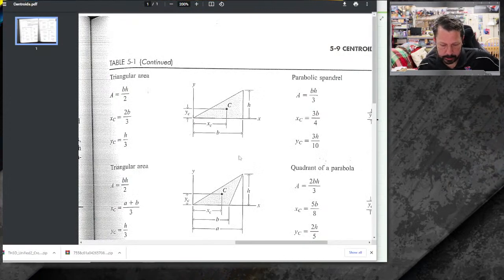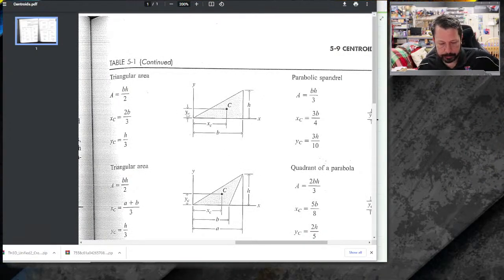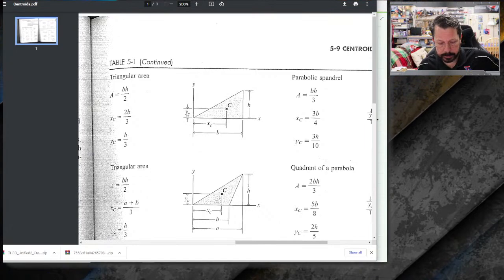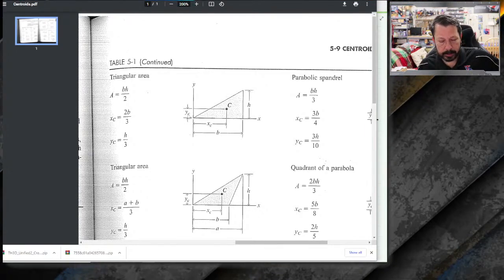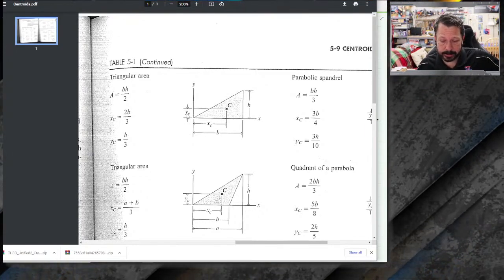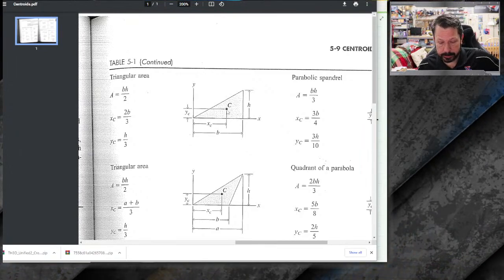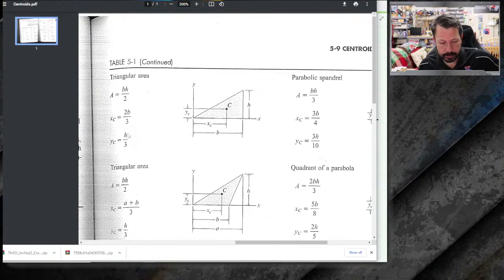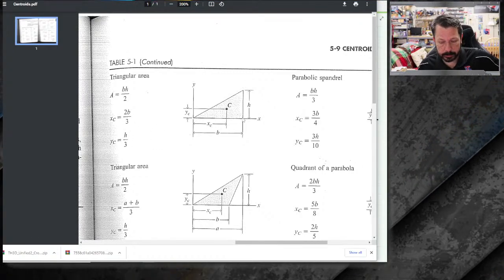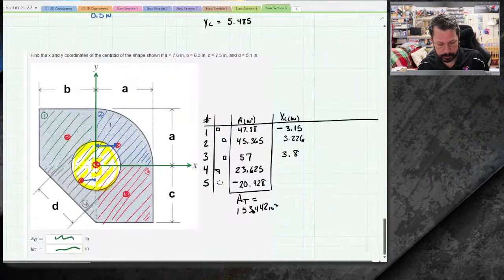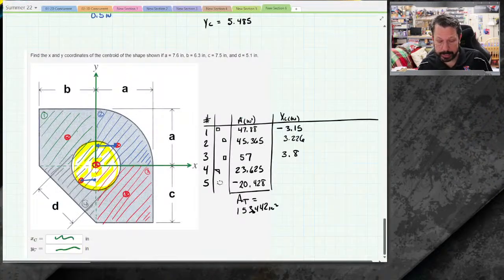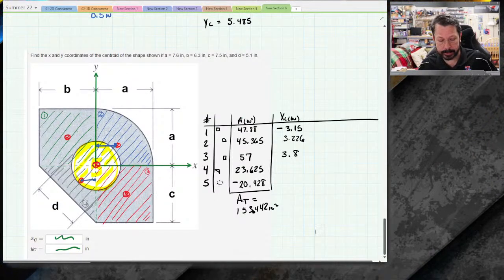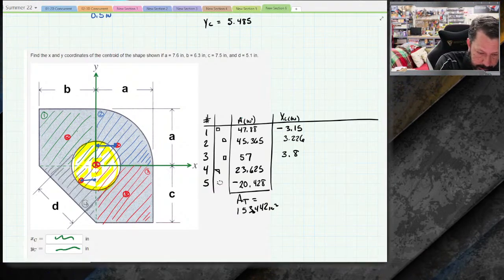I'm going to say that it's labeled as y sub c. You know, that looks like what I need. Even though I'm actually calculating an x distance, I need the distance between the centroid and that side. So that's y sub c, which is h, the height of the triangle, over 3. So I'm going to take b over 3 as that distance, but it is negative.